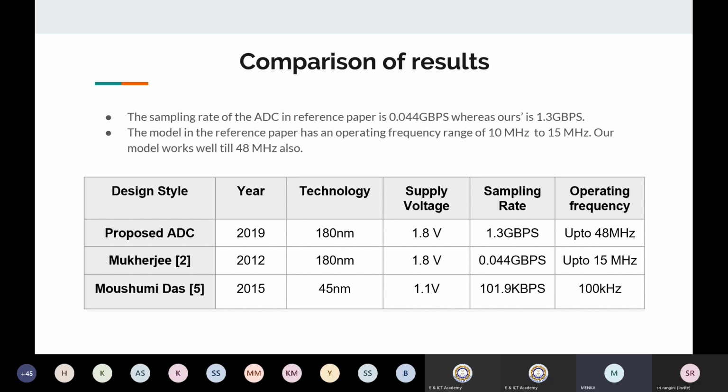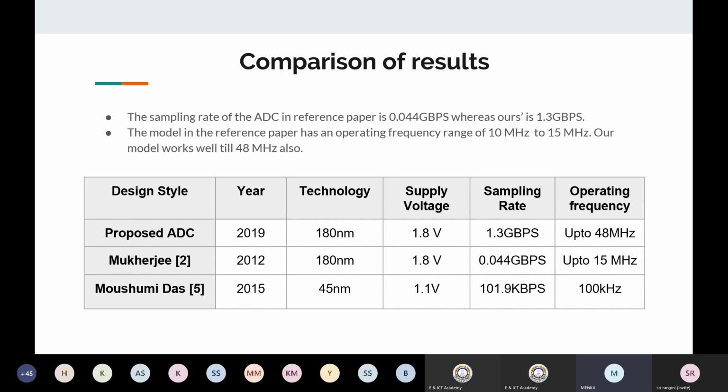And for the operating frequency, they found it working well up to 48 megahertz. I have not shown all the frequencies which they were simulating and operating, because otherwise the results may go weird. You might have seen a similar kind of output for n number of simulated outputs. That's why up to 48 megahertz the circuit was working fine, and as you have seen, for 60 megahertz it was going to give glitches.